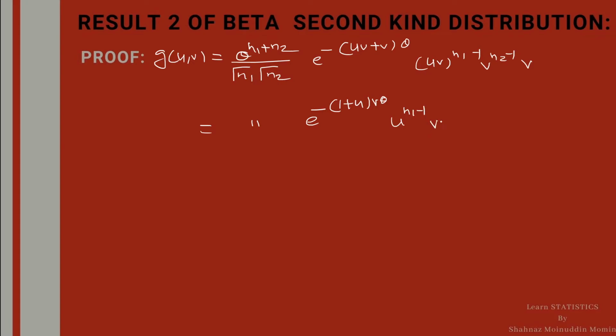I will collect the powers of v together: v raised to n1 plus n2 minus 2 plus 1.